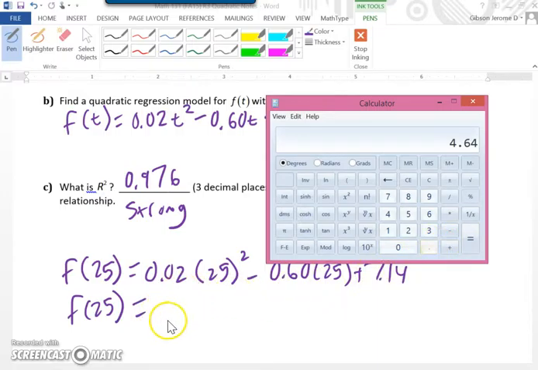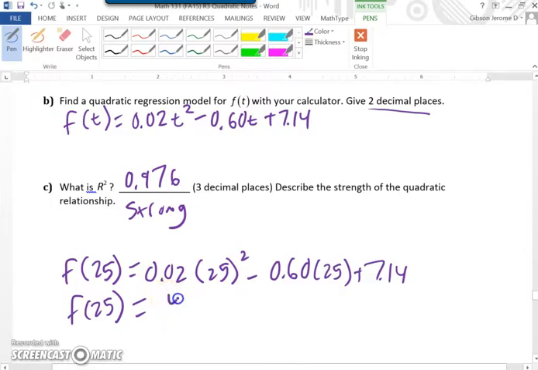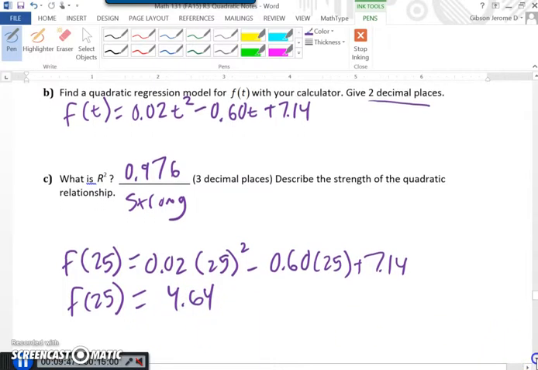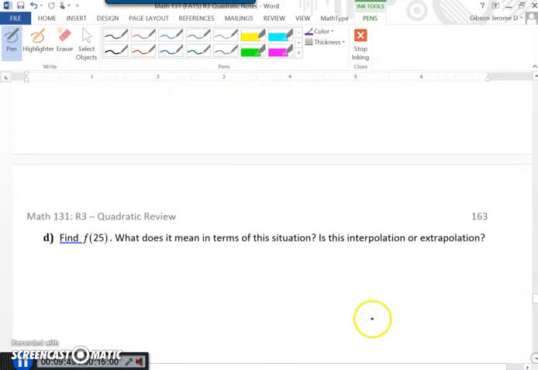So it should give us 4.64. Again, your final answer for D is 4.64. So I'll write that here, 4.64.